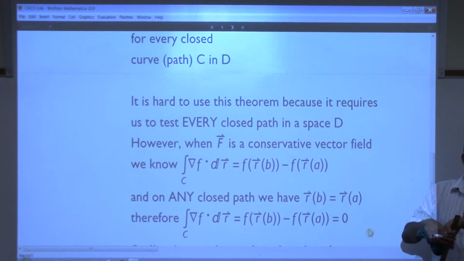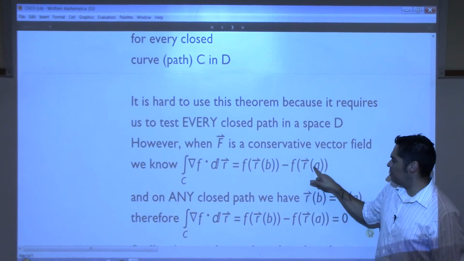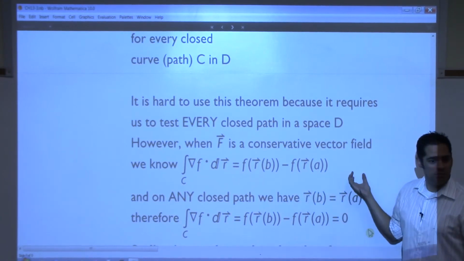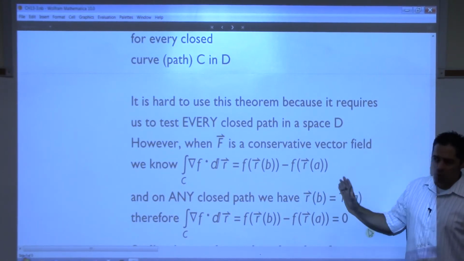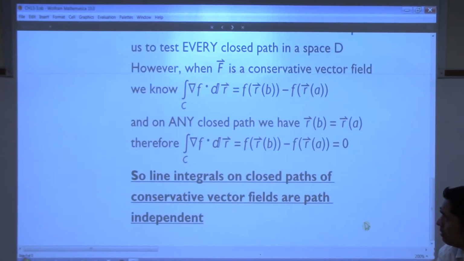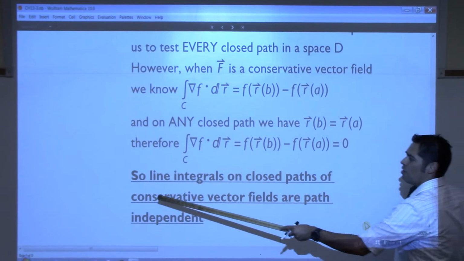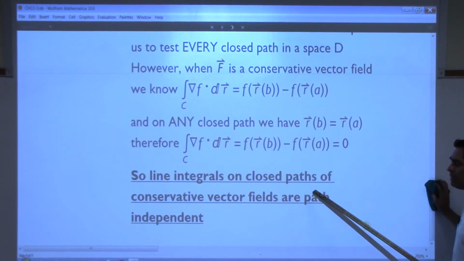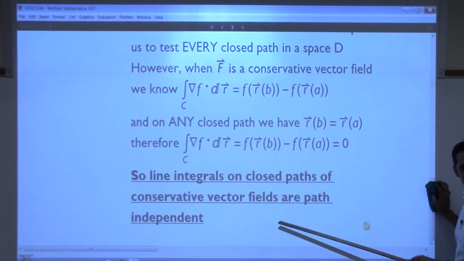So if I subtract these two, if these are the same points, I should get 0, no matter what. And that leads us to this last thing. Line integrals on closed paths of conservative vector fields are path independent. Does that make sense to you?